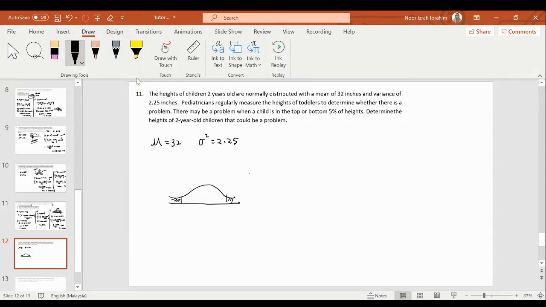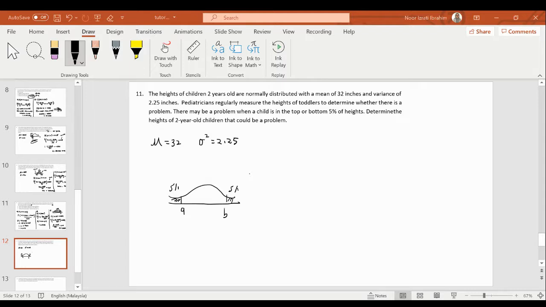So here, the left tail is 5%, the right tail is 5%, and we want to find the value of A and the value of B there. To do that, you have to find the value of the unknown.